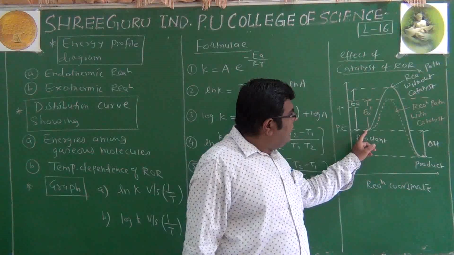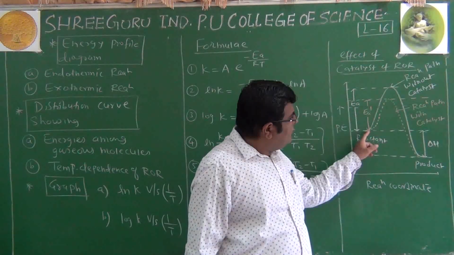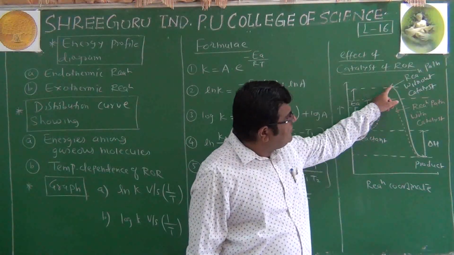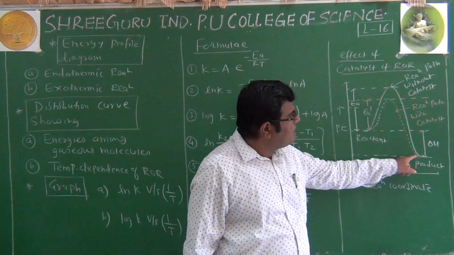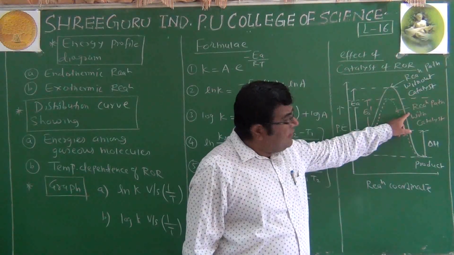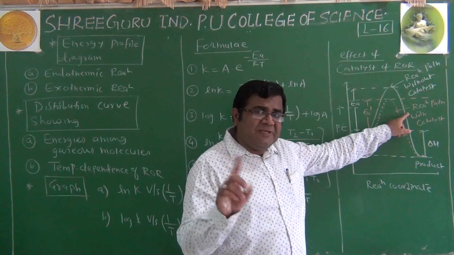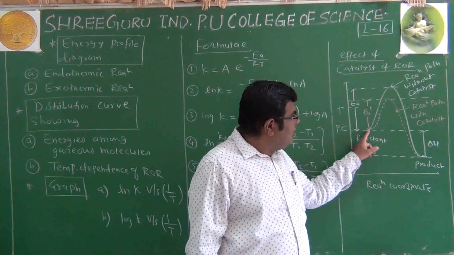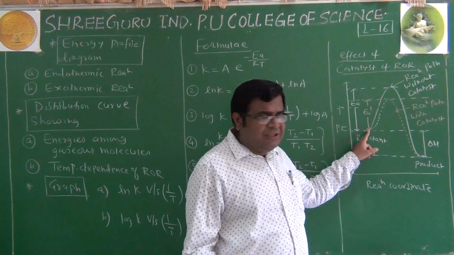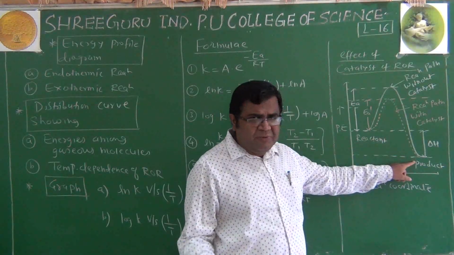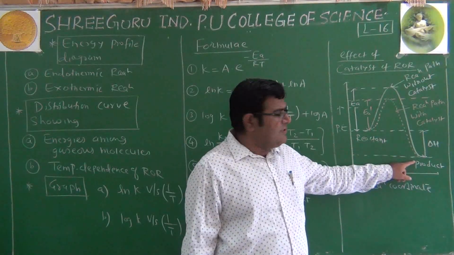Now when there is no catalyst, this is the reactant, this is the activated complex, and this is the product. If the same reaction takes place in the presence of a catalyst, the reactant and product have the same energy because they are chemical substances after all.